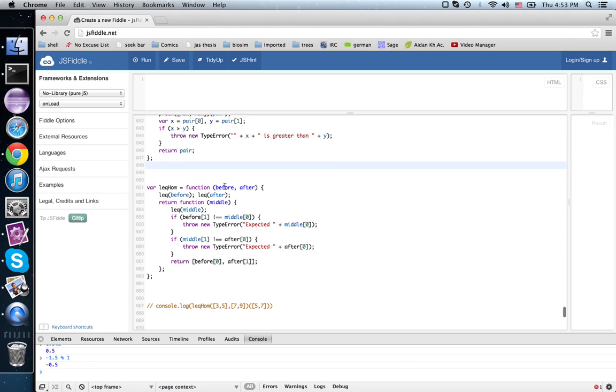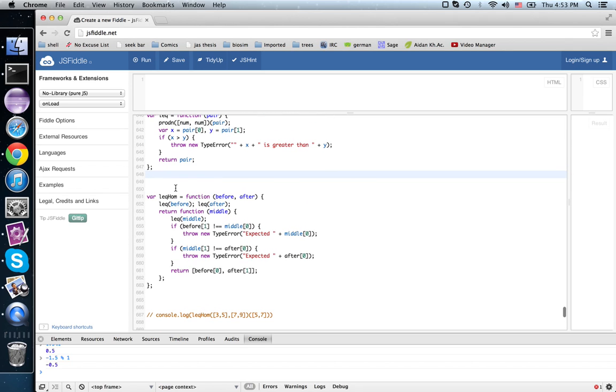Now we can turn this into a category by defining a hom functor for it. It takes in two parameters, just like the other hom functors, and checks that they are both pairs where the first one is less than or equal to the second one. Then it asks for a middle one.